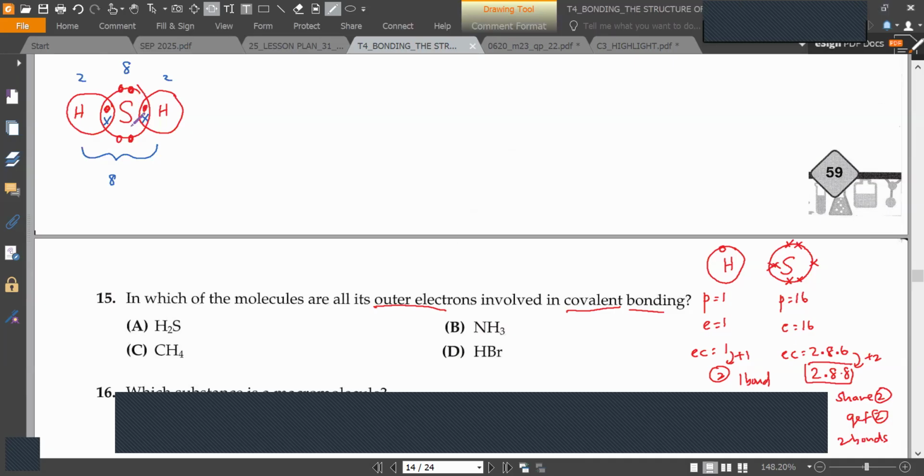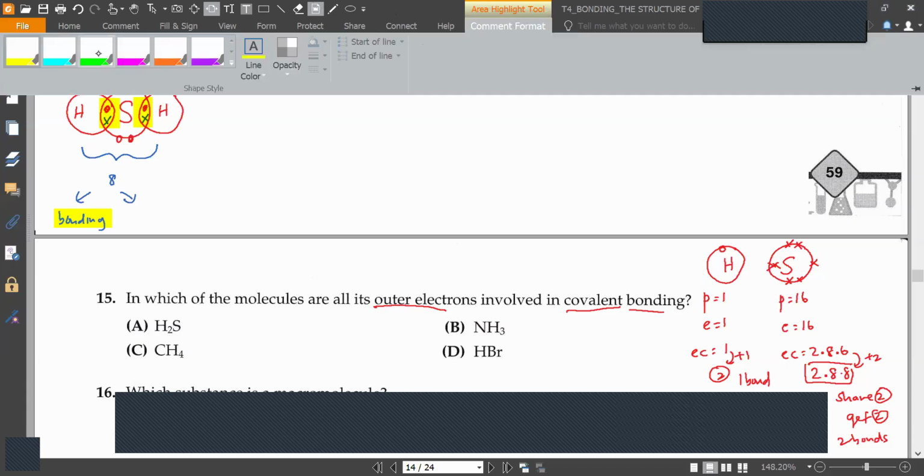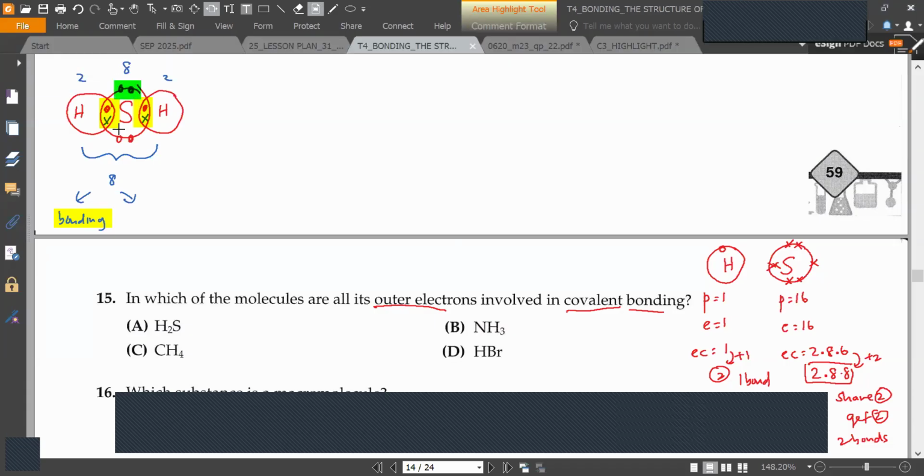So of these 8 electrons, 4 of them are bonding, and another 4 are non-bonding, so they are not inside the bond.